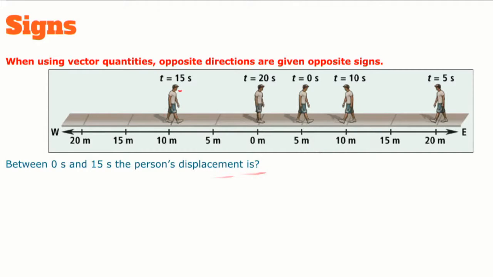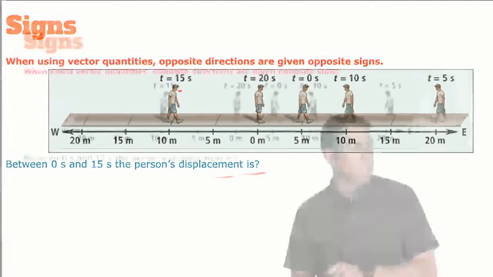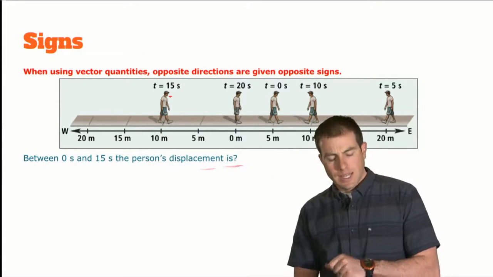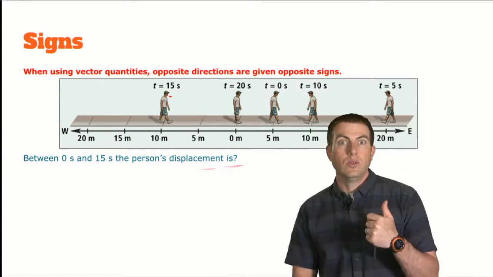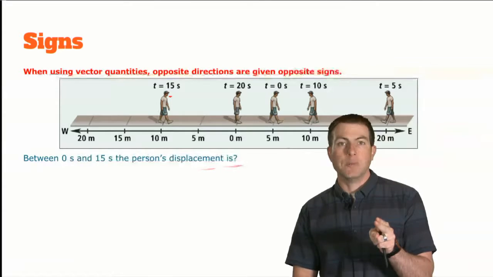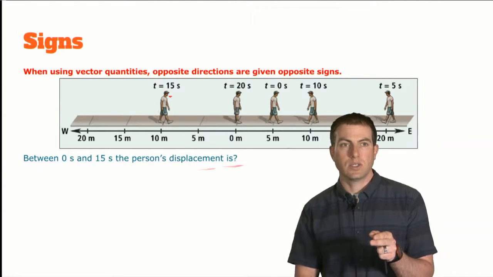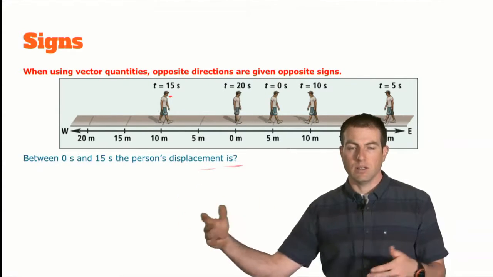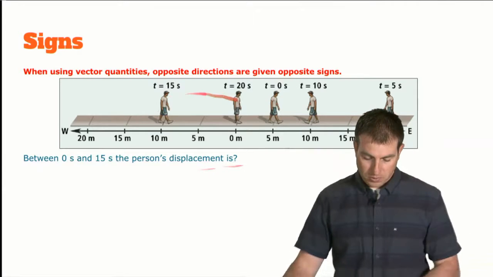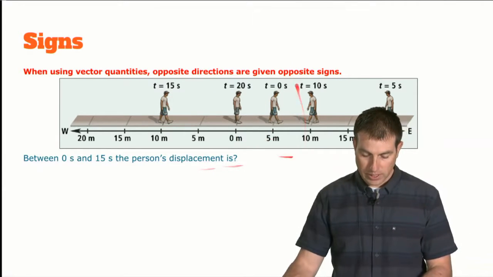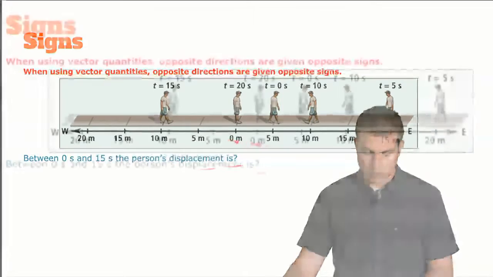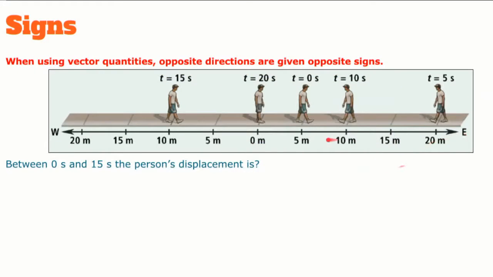The reason this is a little bit tricky is because in this example, you aren't starting at 0 meters. The person's actually starting 5 meters to the right of some random reference point here. So 0 seconds actually happens at 5 meters to the right, or in this case, east.